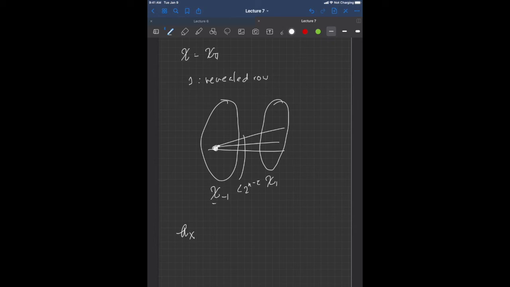So I want to somehow say that these are the set of vectors associated with a partial matrix in X minus 1. So what do I do? I don't care about how many extensions I have to the first row. After finding the revealed row, I'm going to focus on this set X minus 1. So I want to keep the set of matrices to be something so that if you project away the first row, I still get X minus 1.